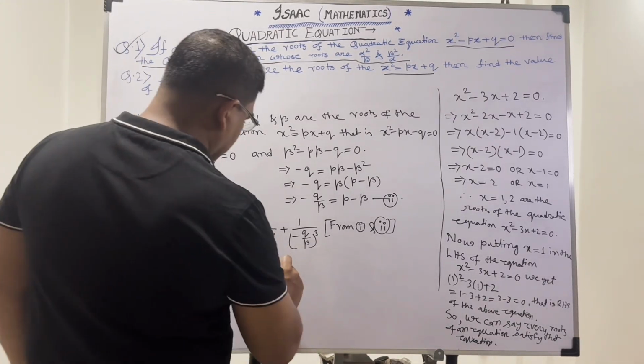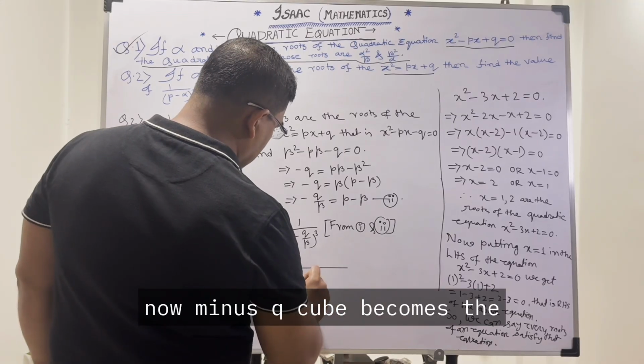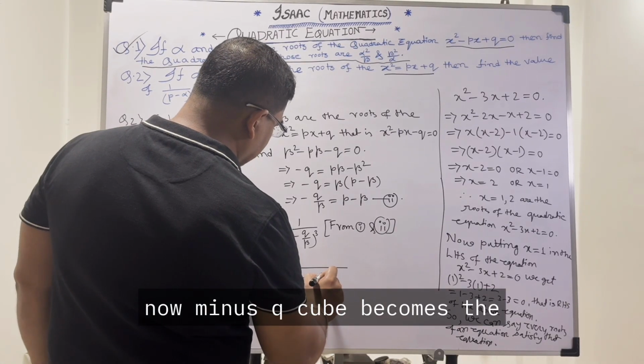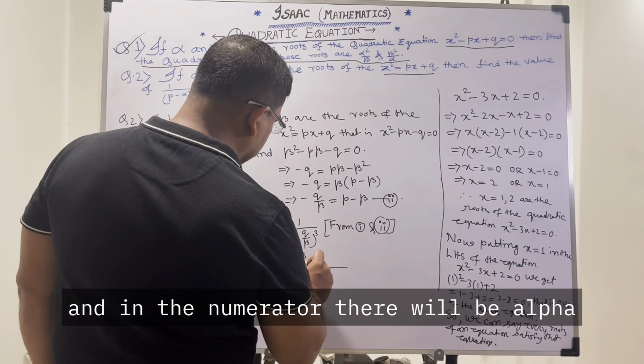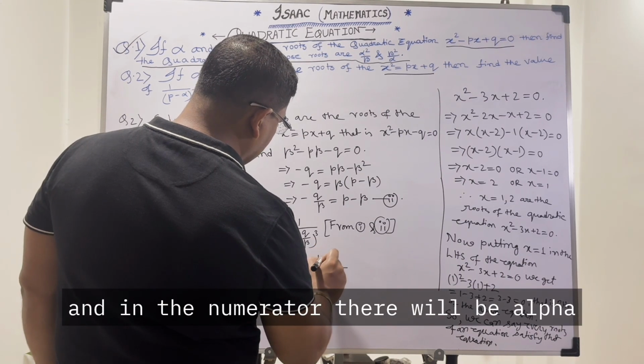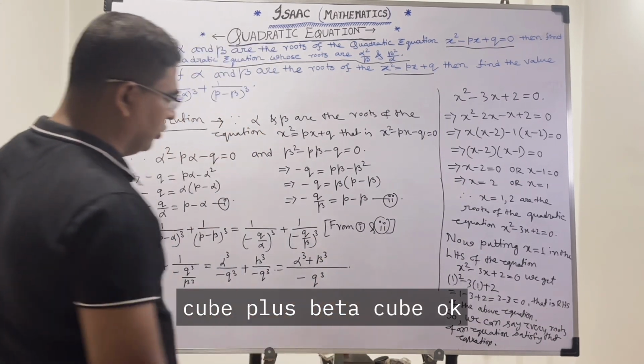Okay. So now minus q cube becomes the LCM of the denominators, and in the numerator there will be alpha cube plus beta cube.